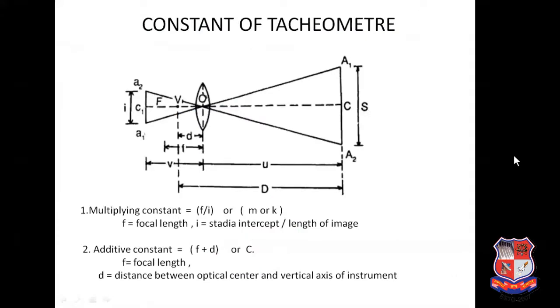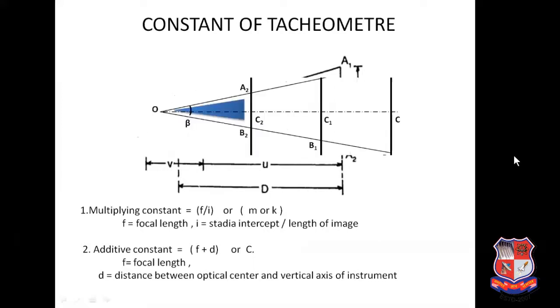Now, constants of the tachyometer: there are two constants. One is the multiplying constant. The mathematical formula is f upon i, where f means focal length and i means stadia intercept. The multiplying constant is denoted by small m or small k.